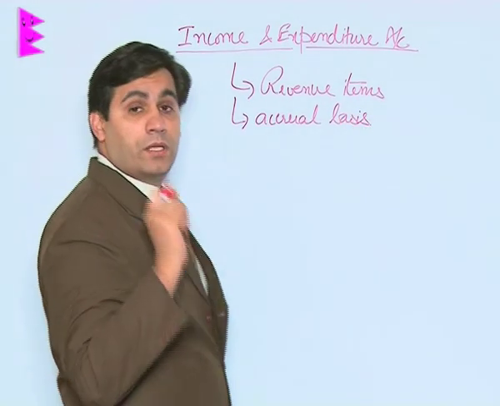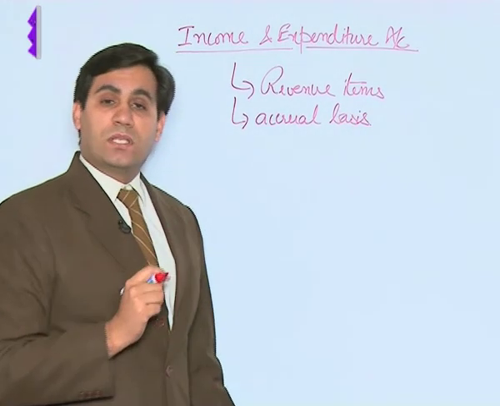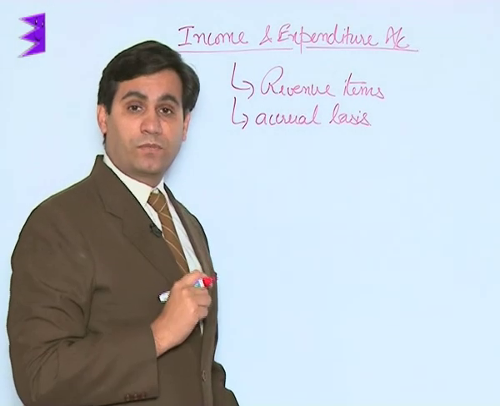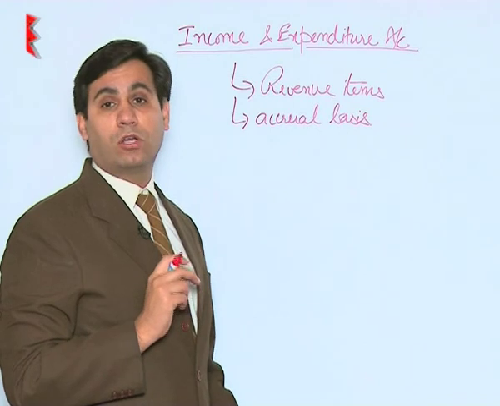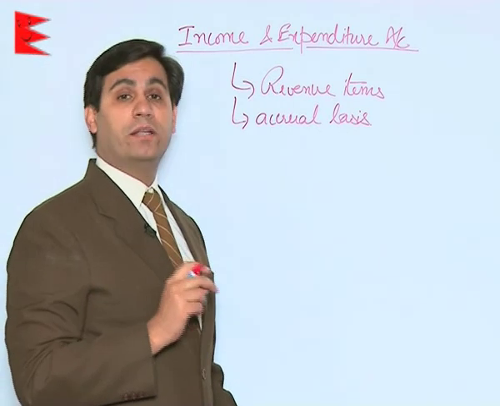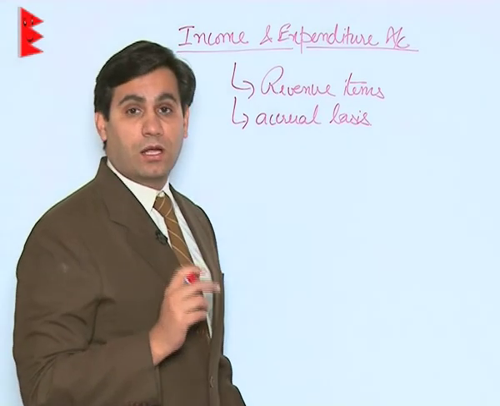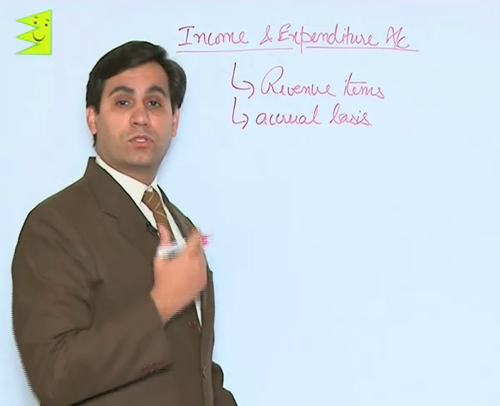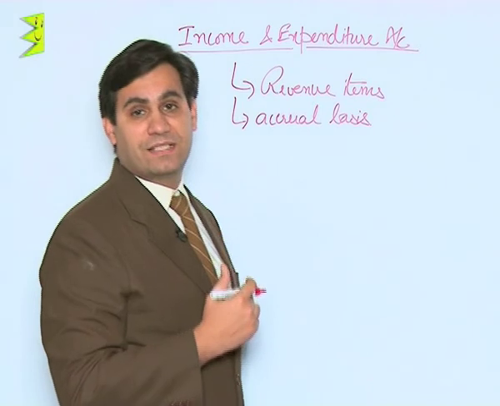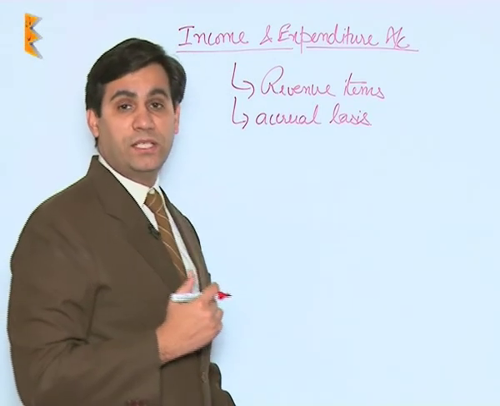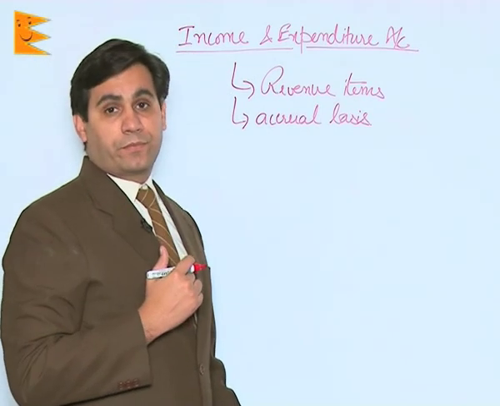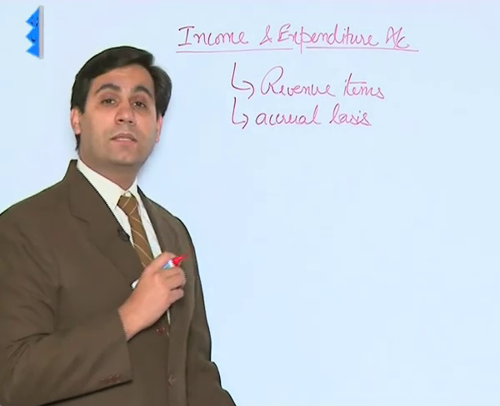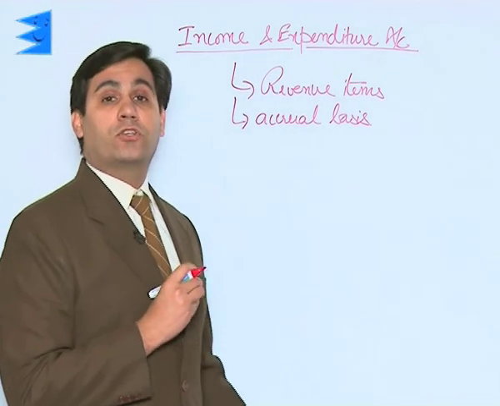That means all the incomes and expenses which relate to this year, whether they have been paid or not paid, are recorded in income and expenditure account. Again, since incomes are sources of revenue, they are shown on the credit side and the expenses are shown on the debit side. Now students, some points to remember here are that items of capital nature are not shown.